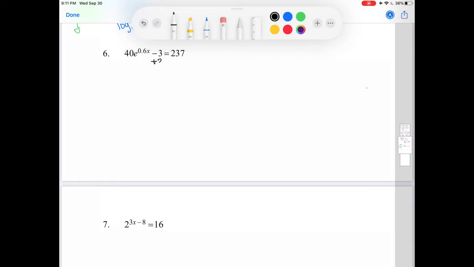So what's going to happen is, if you remember, just like how you normally solve for x, I want to add 3 to both sides first so that I can get rid of that. That will give me 40e to the 0.6x equals 240.